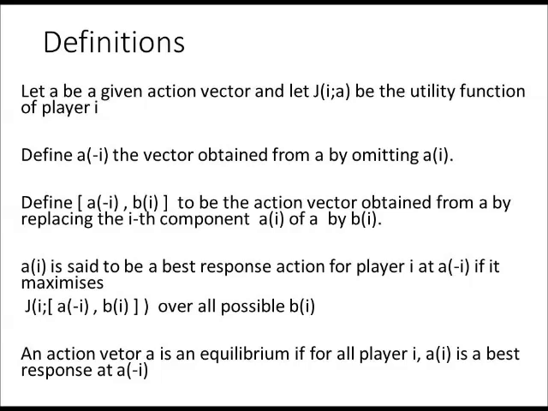We define A_{-i} as the vector obtained by omitting the action of player i from the vector A. Now, for that vector A, we define the concatenation of A_{-i} and b_i as the new vector that is obtained when every player j sticks to a_j, except for player i that changes from a_i to b_i.